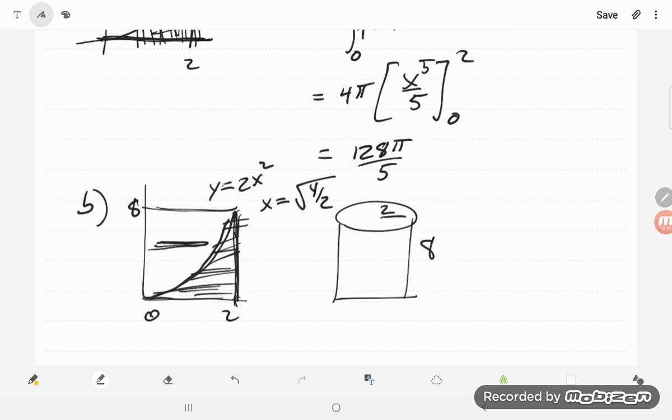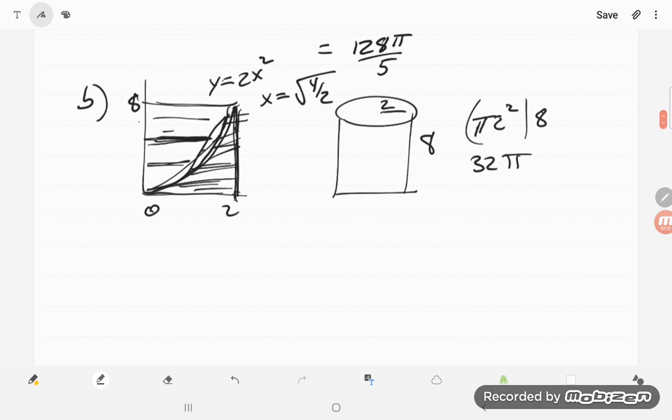So the cylinder is pi r squared, so pi times 2 squared, and then all times 8. And so that's the full cylinder, or 32 pi. Then I could get the volume of this stuff where I add up those radii.